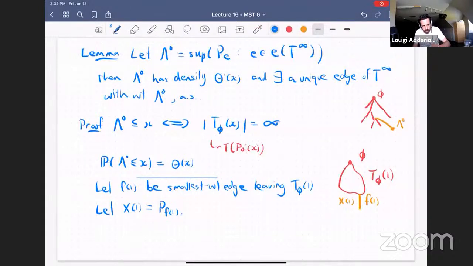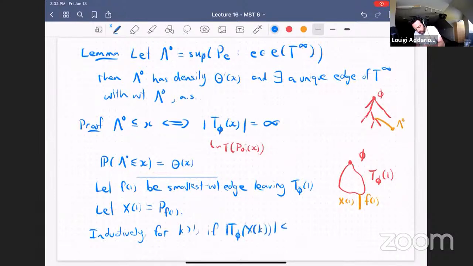So inductively, for k at least 1, if when we do the percolation at threshold xk, what we see is still a finite tree, then we'll explore some more.